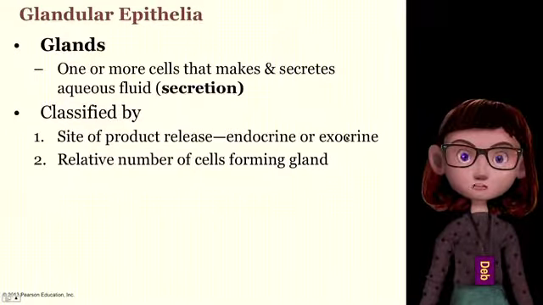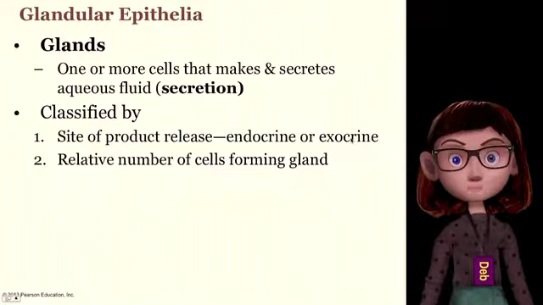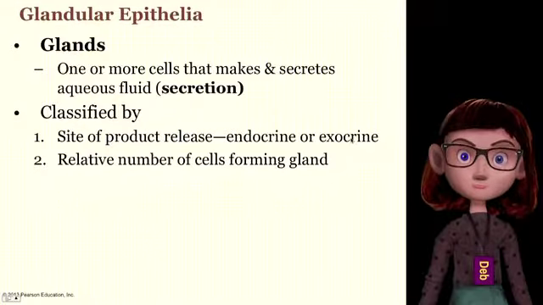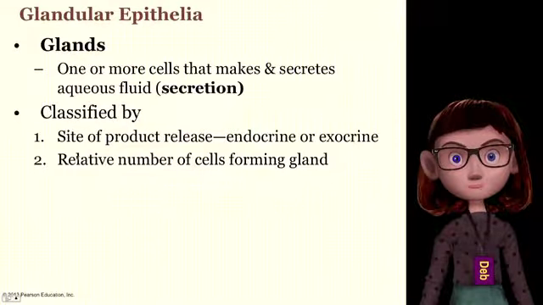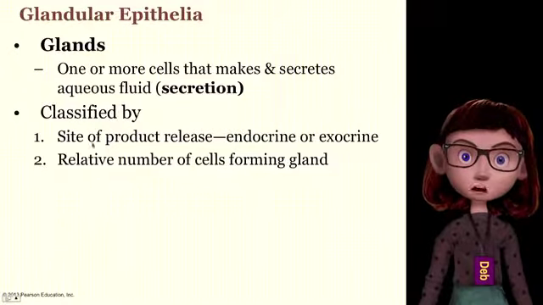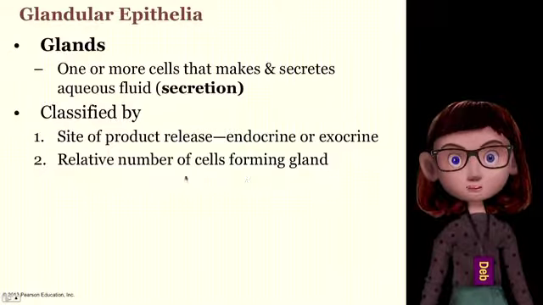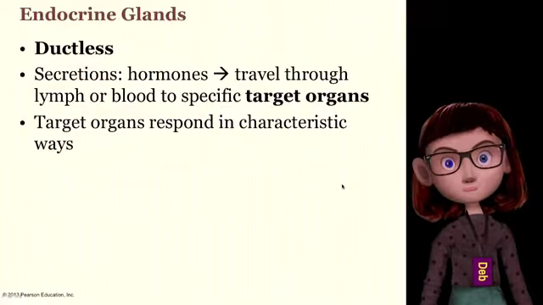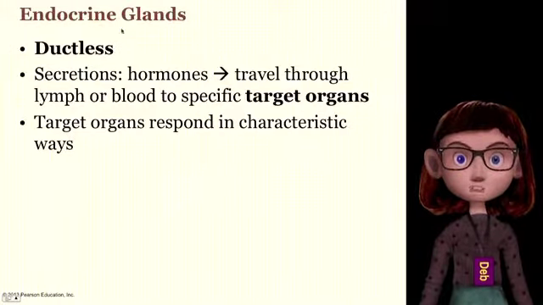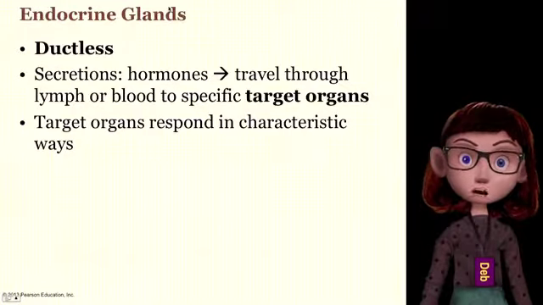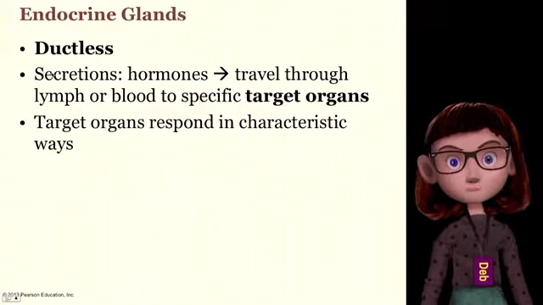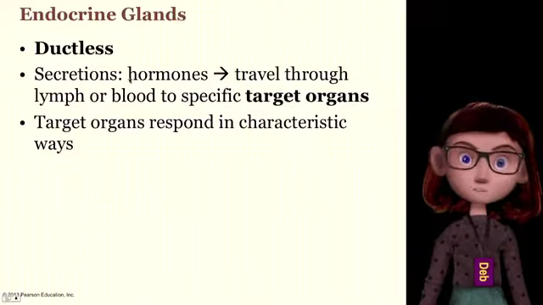Exocrine glands secrete their product locally through a little tube called a duct. Glands also may be classified by the number of cells that form the gland. So here we have endocrine glands. They are ductless. They just secrete their product, which we will call a hormone.